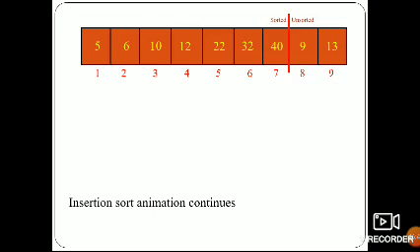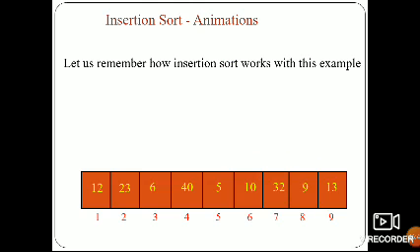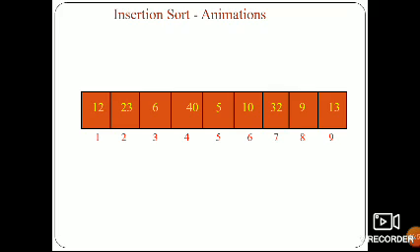I took two examples to help you understand, so I think insertion sort is understood. Next we will go for the algorithm and program. The advantages, disadvantages, and time complexities we will discuss in the next class.